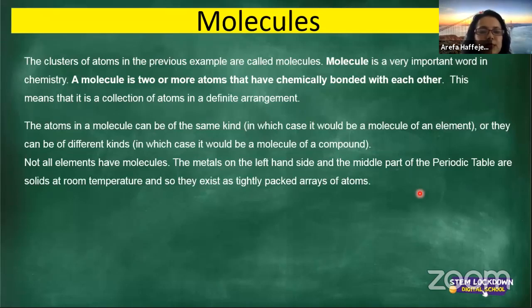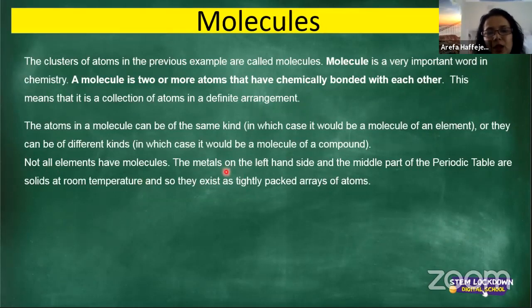So you can use this for learning purposes, and you can highlight stuff. You can highlight the metals, the non-metals, the metalloids, then you can highlight the ones that are molecules, and you can also highlight the elements that do not have molecules.